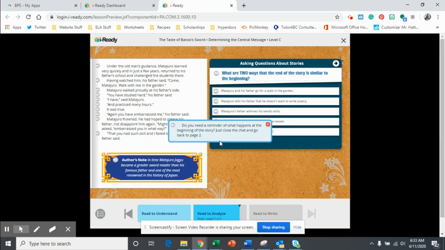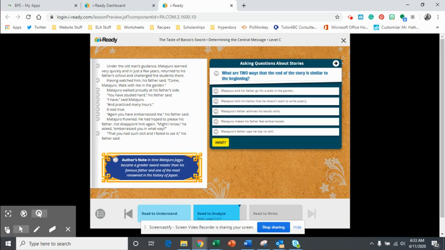All right, so the important events that happen at both the beginning and at the end. So you go through each of your choices, and does this happen at the beginning and the end? Does this happen? Go through and eliminate the ones that don't happen at both, and then select the ones that do. All right, so focus on the beginning and the end.